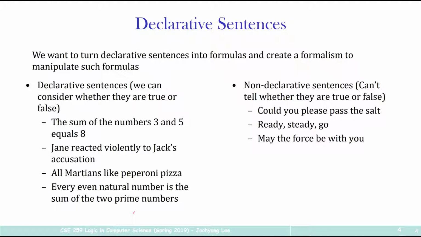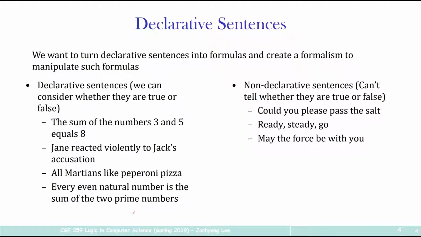That's a prime number. So 3, 5, 7, 11, 13, 17, 19, 23, 29, those are the prime numbers. So the sentence is saying that every even natural number is the sum of two prime numbers. True or false? False.